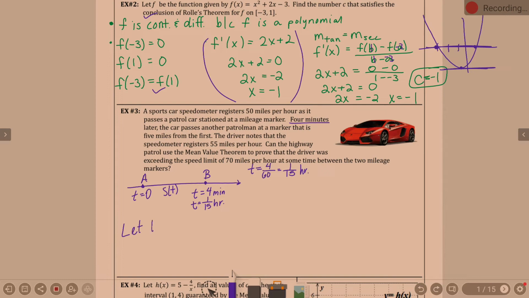So let T equal the elapsed time in hours after passing the first patrol car.